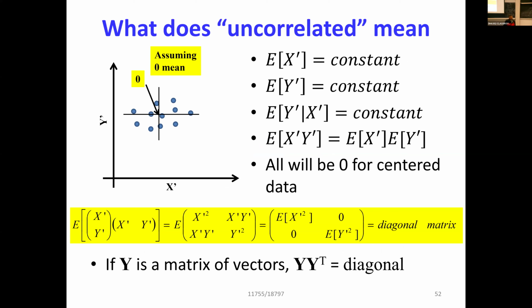We saw this in the previous classes, right? The correlation matrix is going to be just the vector. You multiply it by its transpose, it's going to become a full matrix, a square matrix. You average this over many, many examples. That's your expected value of the outer product. That's your correlation matrix. It's going to be the expected value of x prime squared, x prime y prime, x prime y prime, and y prime squared.